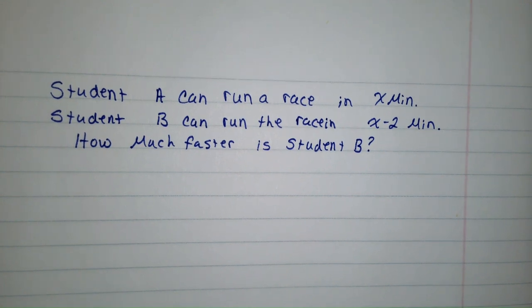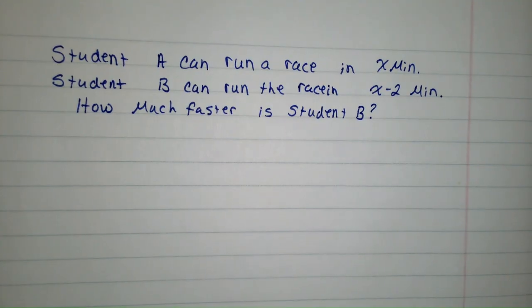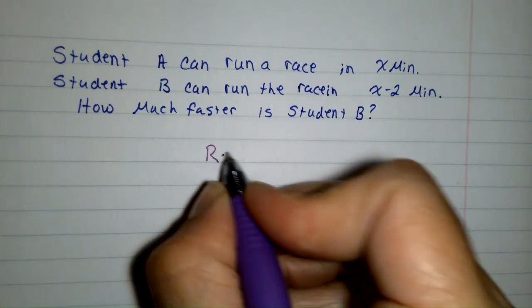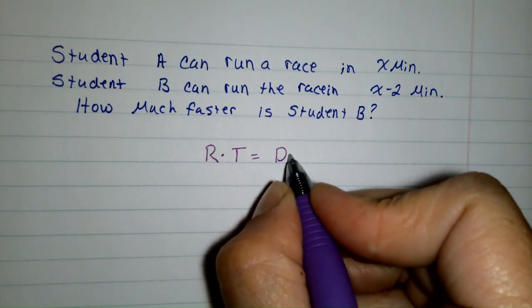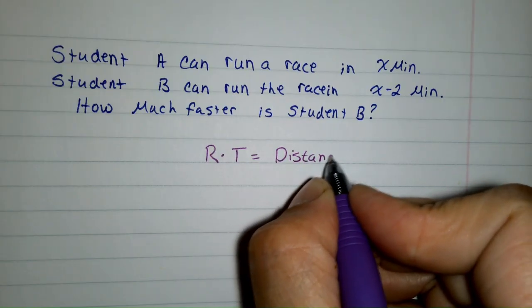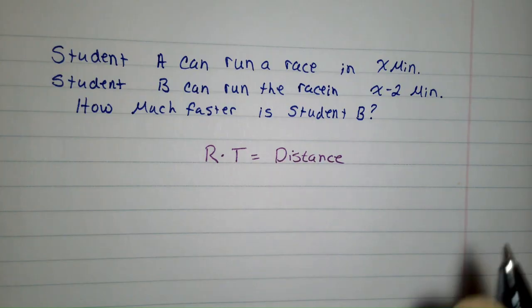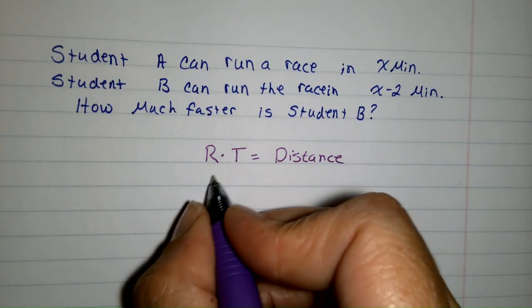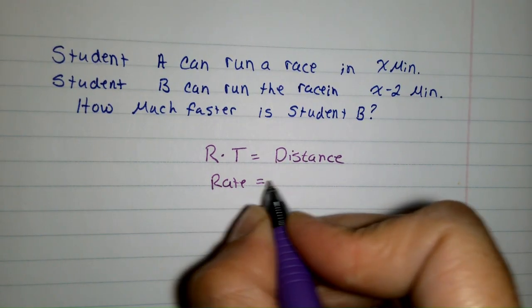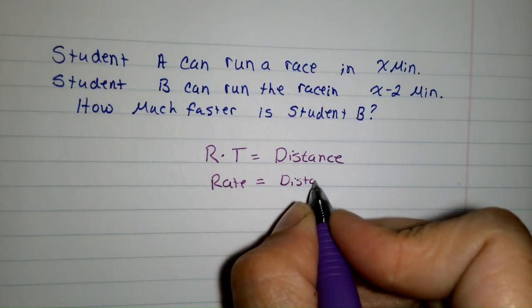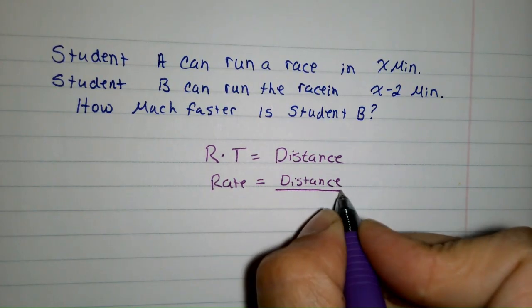Now, we know time, right? Rate times time equals distance. Okay. And so your rate is your distance divided by your time.